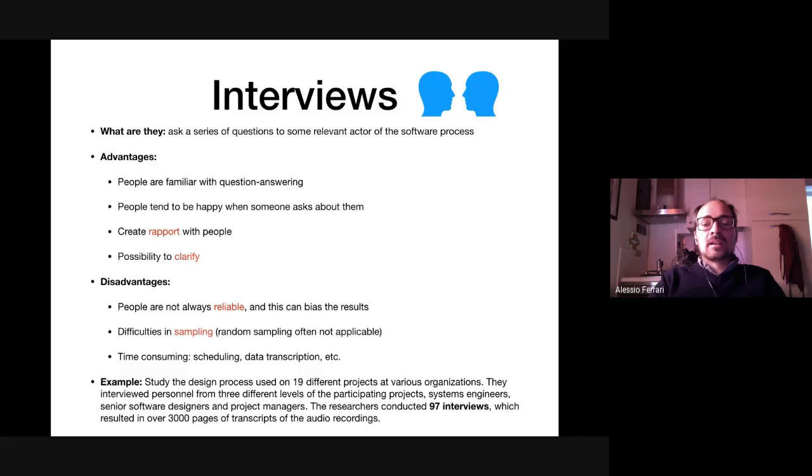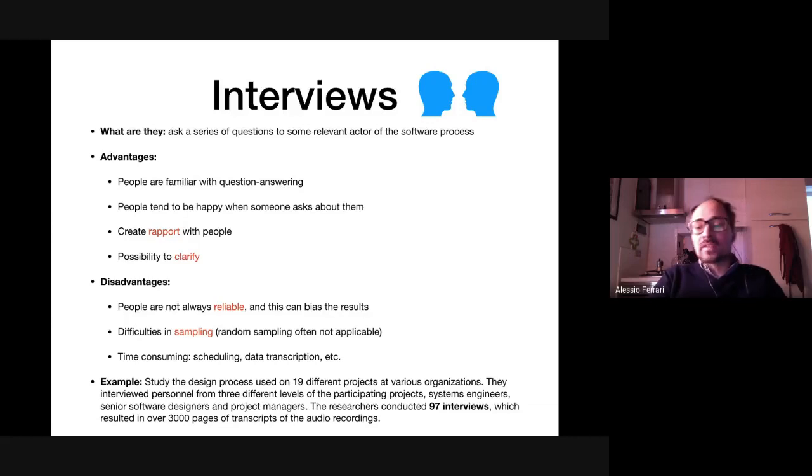And for example, here there is an example of another study in which this researcher went to various organizations to study the software process, okay? And they involved, you see also here, different subjects. In this study with people, it's very important that you involve different viewpoints.